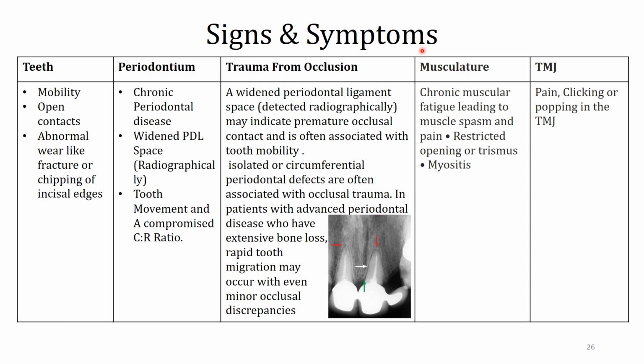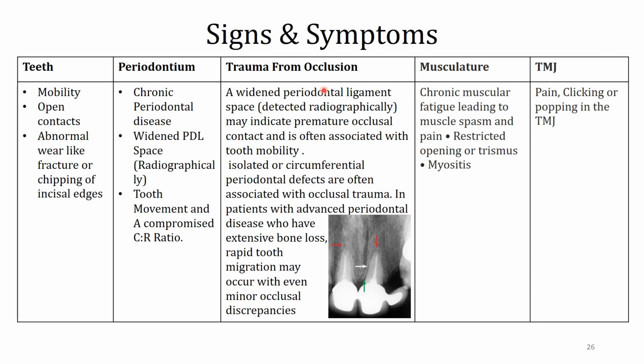There are certain signs and symptoms. In the teeth, there can be mobility, open contact, abnormal wear, fracture, chipping off. In the periodontium, there can be chronic periodontal disease, widening of the PDL, tooth movement, compromised crown to root ratios. Coming to the TFO, trauma from occlusion, it is basically an injury to the PDL from the occlusal forces.